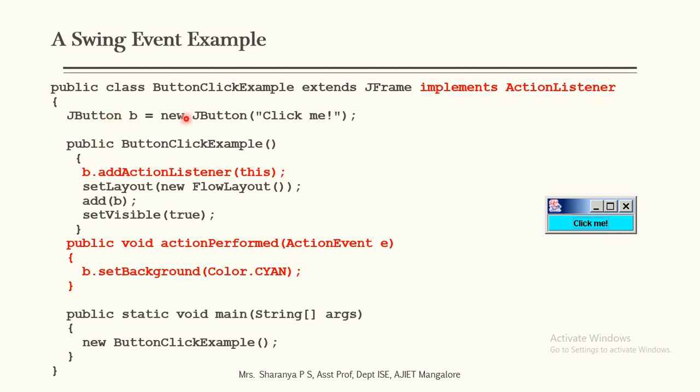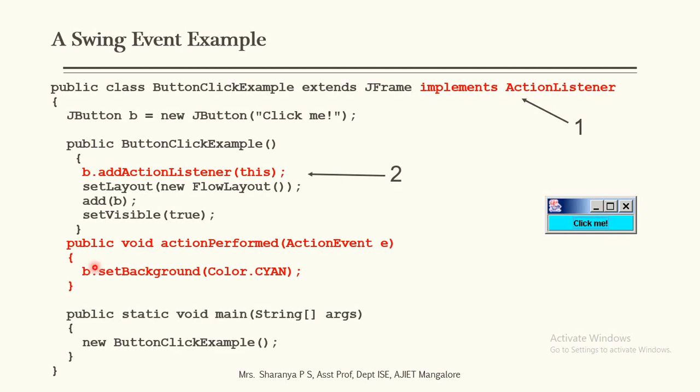Then with respect to the button that is created here, inside the ButtonClickExample constructor, we are registering this button with the ActionListener. Here we have implemented the ActionListener; second step is the registering.